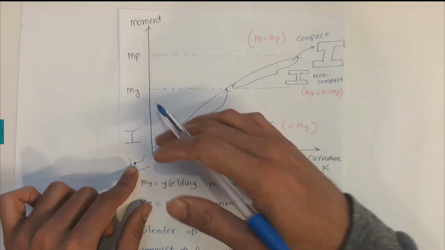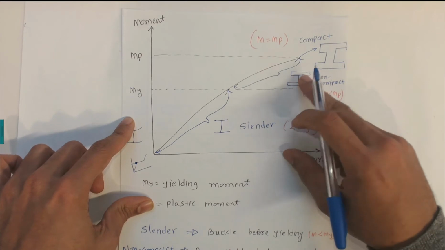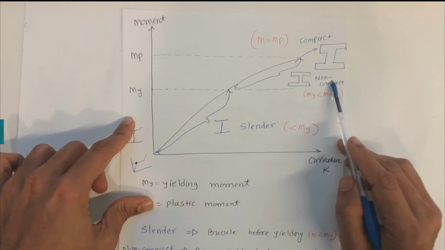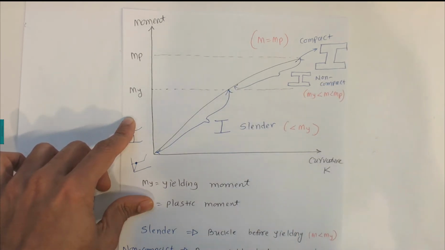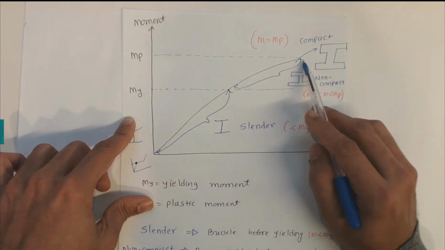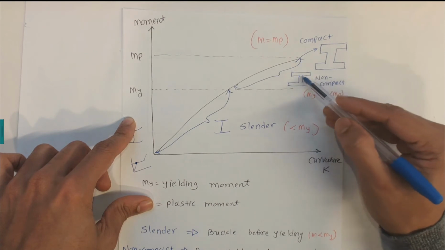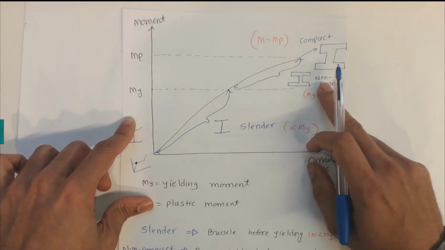If you are using slightly thicker plates and thicker cross sections, then it is classified as a non-compact beam. In a non-compact section the beam reaches the yielding point, but it does not reach the plastic moment. It buckles before reaching the plastic moment, so it is classified as non-compact.